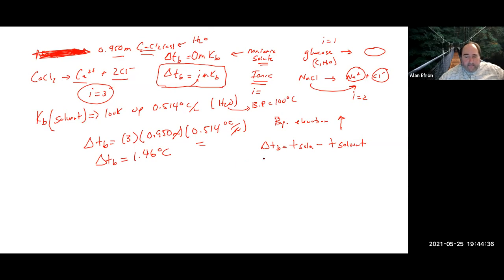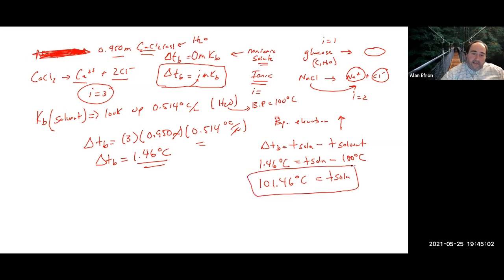That means that if we put those numbers in, 1.46 degrees Celsius, our change in boiling point temperature, equals the temperature of the solution minus 100 degrees Celsius, which is where water would normally boil. We would bring the 100 degrees to the other side, and that would give us 101.46 degrees Celsius is where this solution would actually boil.